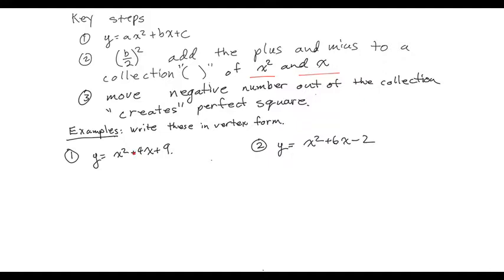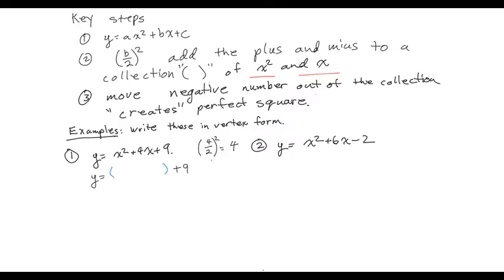The first thing I want you to do is take the b term, divide it by 2, and then square it. That number is 4. 4 divided by 2 is 2. Square it, and you get 4. In our next line, block off all the sections that have x squared in them and give yourself enough space here. On the outside we have plus 9.